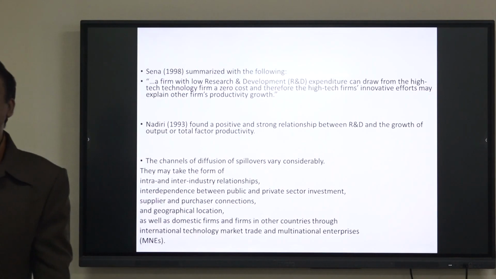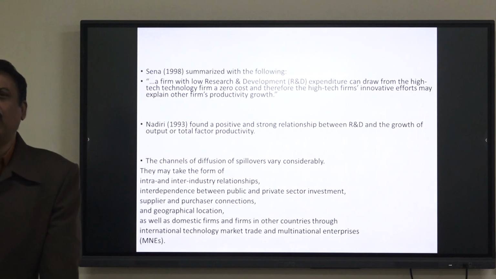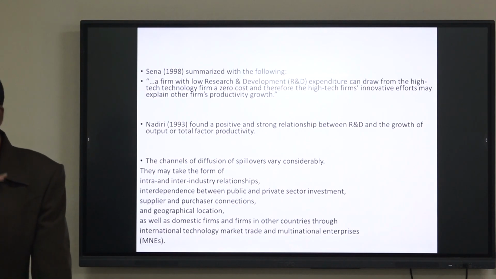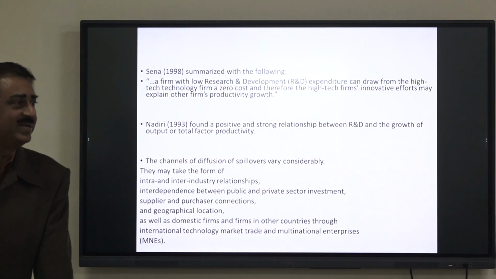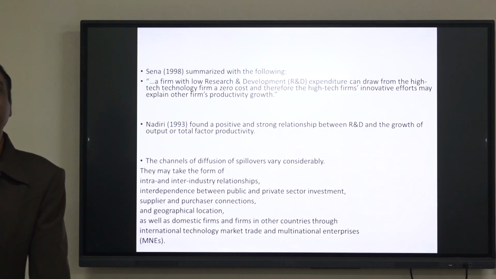But what happened? This kind of strategy was introduced in 1951-52, and by the mid-60s, 1965-66, suddenly industrial growth went flat. It was a major shock to all of us that we had just tried to industrialize, but within 15 years our industrial growth rate almost halved.